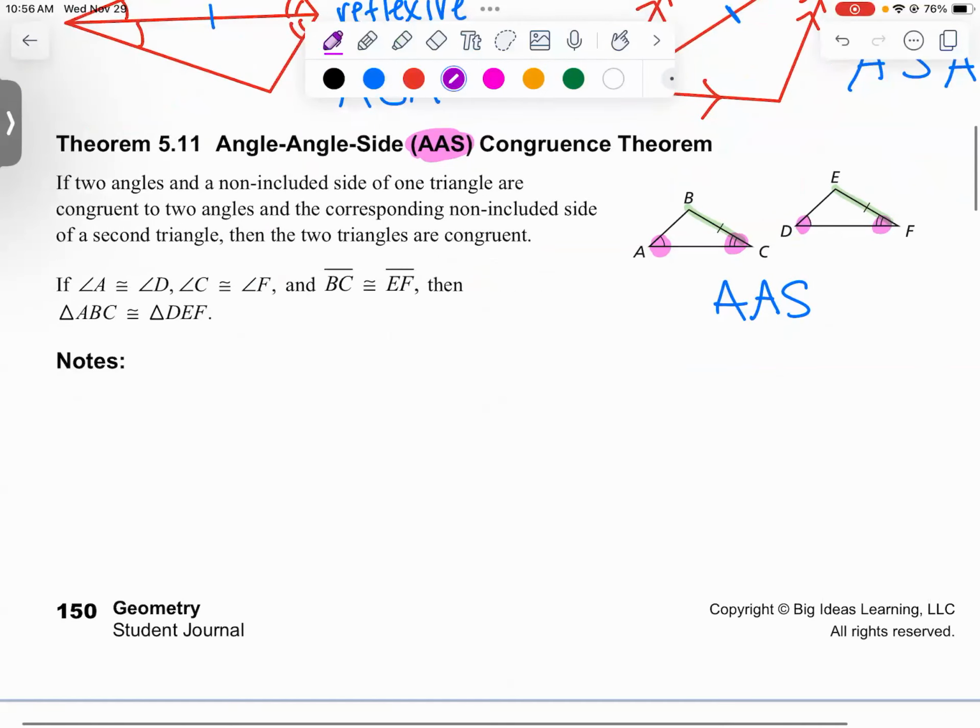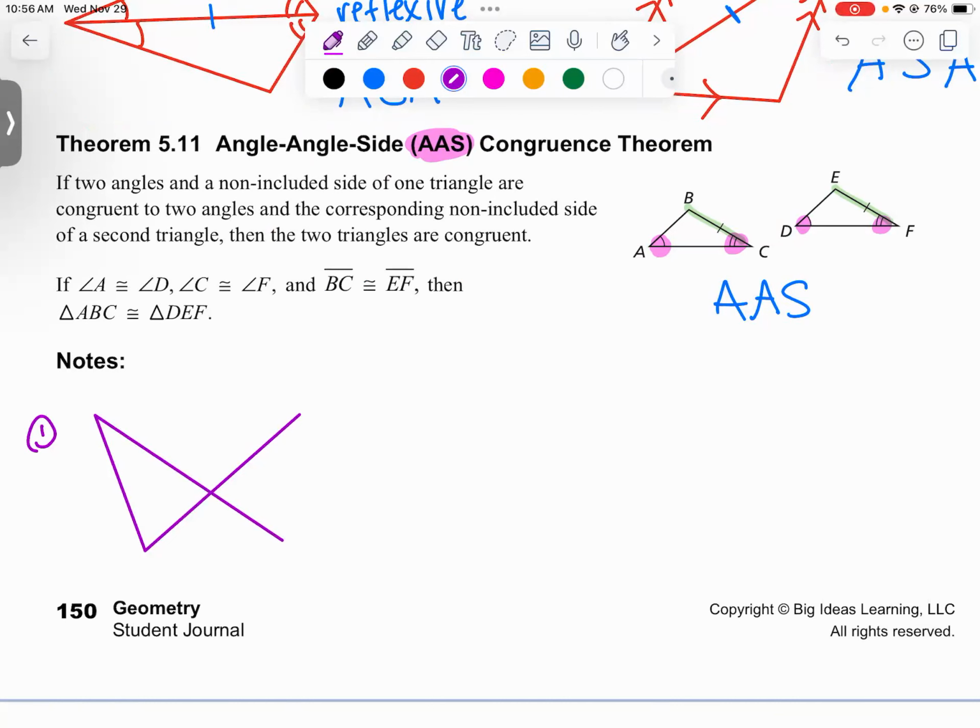So I want you to draw this picture. Are these two triangles congruent?